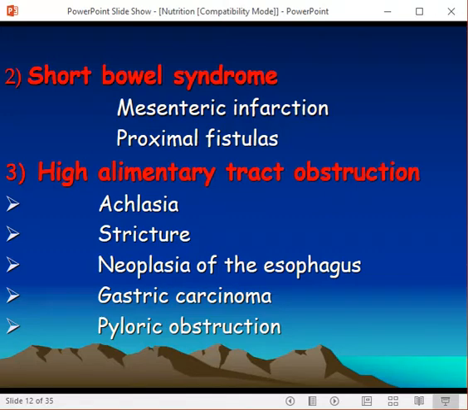This is one indication for TPN. And proximal fistulas are another indication, and a high alimentary tract obstruction in cases of achalasia, strictures of the esophagus, neoplasia of the esophagus, gastric carcinoma, and pyloric obstruction. These are the other indications.